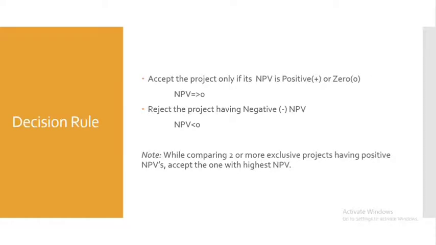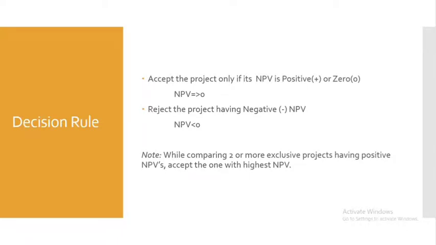If the NPV is positive, generally we accept the project. A positive NPV means that the project is expected to add value to the firm and it will therefore increase the wealth of the owners. And since increasing the wealth of the owners is our main goal, this project will meet our goal.